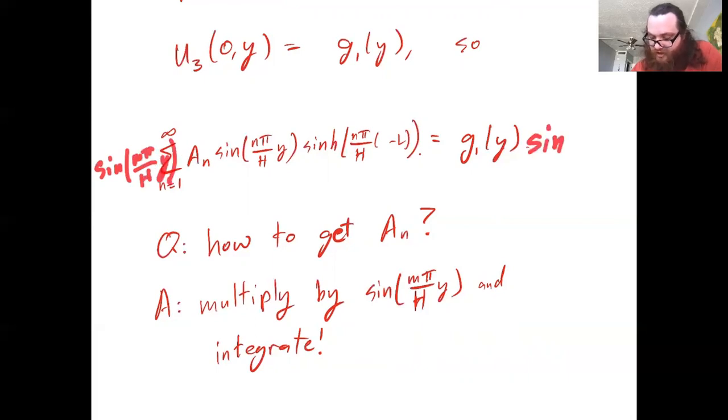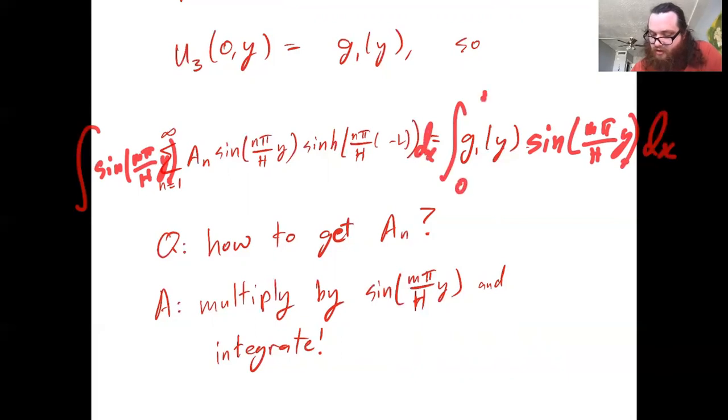Multiply this side by sine of m pi over h y. Integrate both sides from 0 to L. The only piece that's going to survive on the left is when n is equal to m.